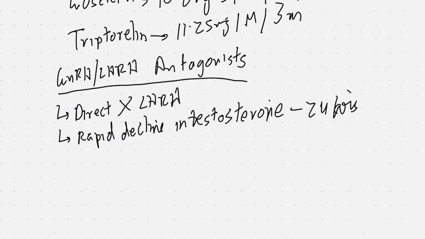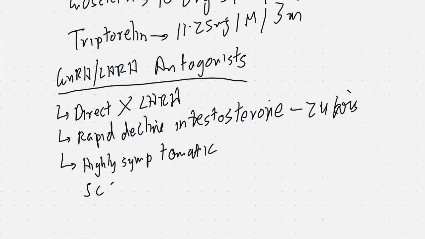So, patients who are highly symptomatic, usually these are metastatic patients. Patients with spinal cord compression or impending spinal cord compression, right?